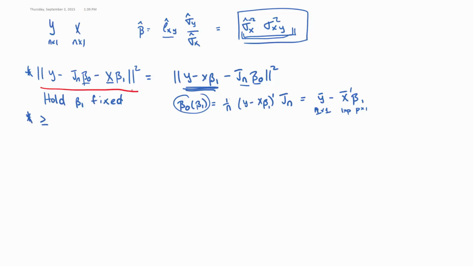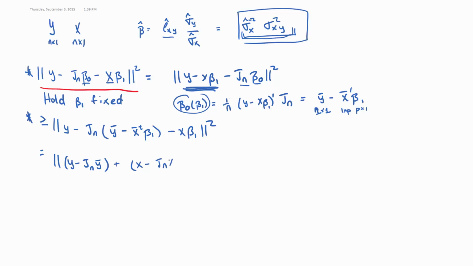Now let's plug this solution back into our least squares equation, knowing that it can only get smaller if we plug that in. We get y minus jn times beta naught, which is y bar minus x bar transpose beta 1, minus x beta 1, squared. Let me rewrite this as y minus jn y bar minus x minus jn x bar transpose, times beta 1, squared.